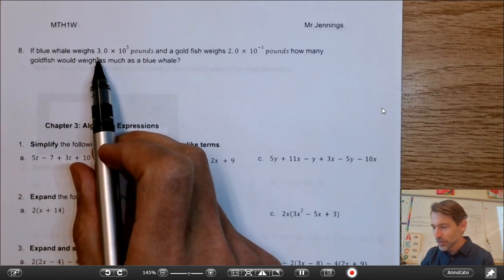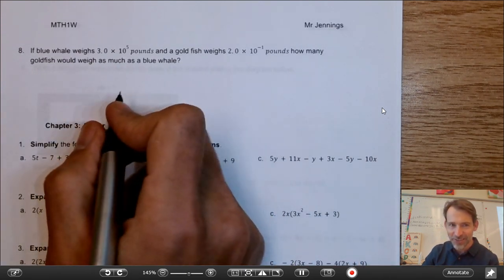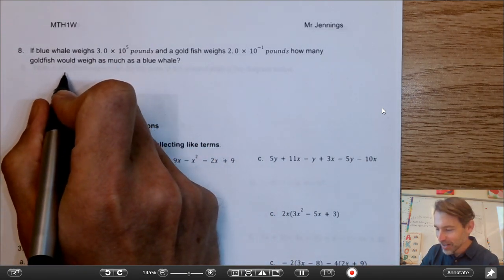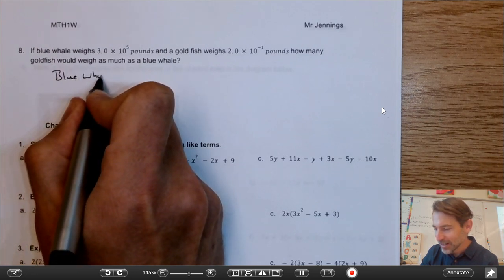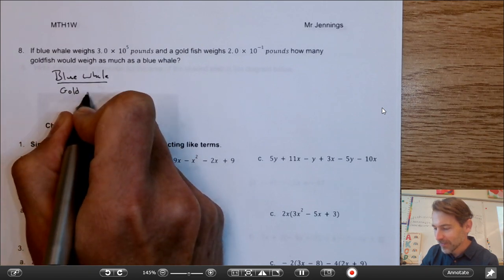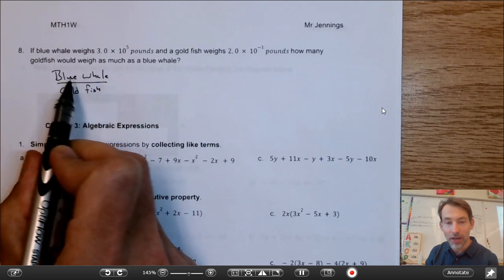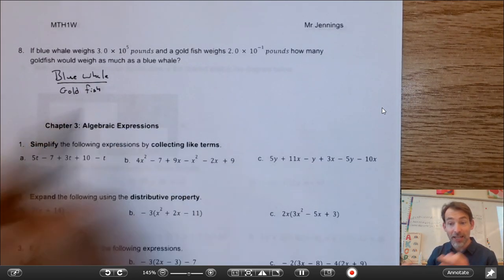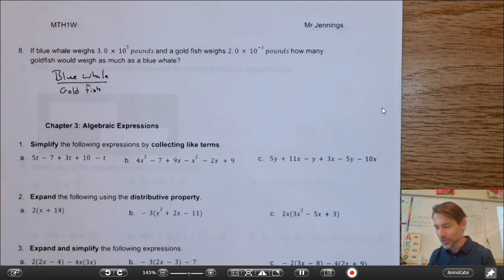All right, so now we want to know how many goldfish in a blue whale. So here we have a blue whale divides into how many goldfish? This is tiny down here. This is big up here. When you divide something big by something tiny, you get a big number. So that's going to work for what we're looking for.